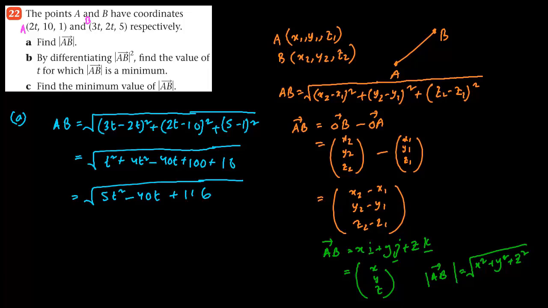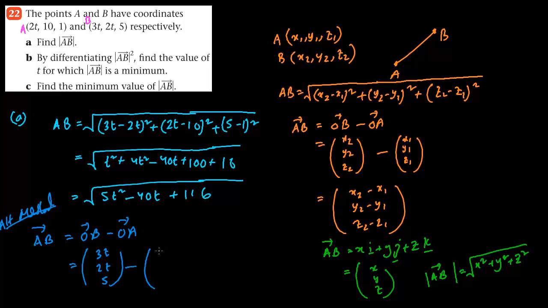If you want to do it in another way, you can do it in this way. We can find the vector first. The vector AB equals OB minus OA. So this is the alternate method. So what's going to happen over here is the position vector OB is 3t, 2t, 5 minus the position vector of OA, which is 2t, 10, 1.